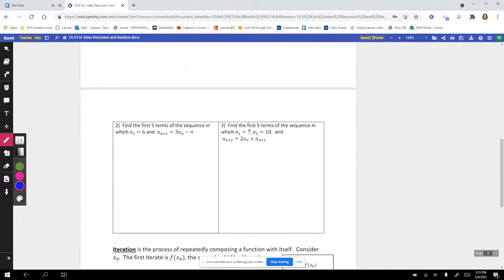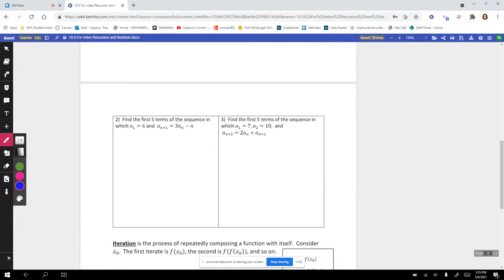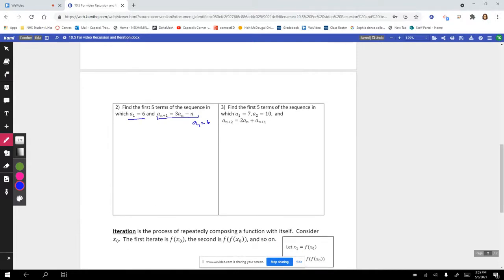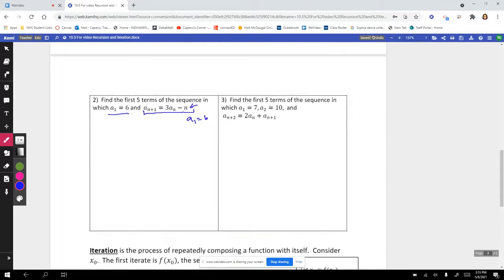Now, the next one gets a little bit more involved because, again, we're still finding the first 5 terms, but we have our a sub 1 again, which I'm going to pull out. And we also have a sub n plus 1, but now we're going to go back and use not only a sub n, our previous term, but we're going to use our value for n as well. So let's take a look at how this works. So I have a sub 2.